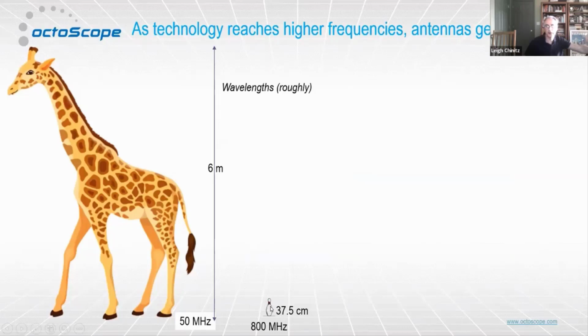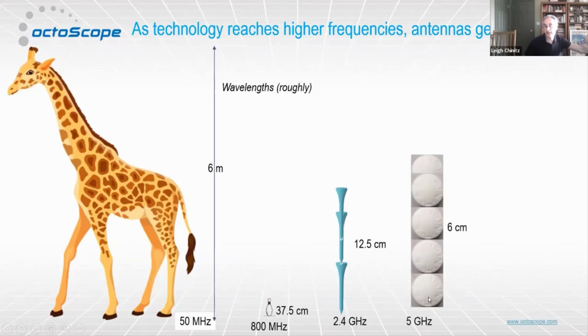So you can see the dramatic difference as you move up in frequency. The rest of these pictures are not to scale because you wouldn't be able to see them if I did them to scale. Once we move to the 2.4 gigahertz band, we're talking about 12 centimeters, so a few golf tees. 5 gigahertz, up until recently the upper Wi-Fi band (Wi-Fi is now moving to 6 gigahertz), is just a set of aspirin.